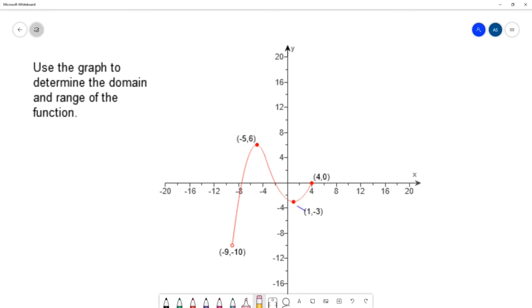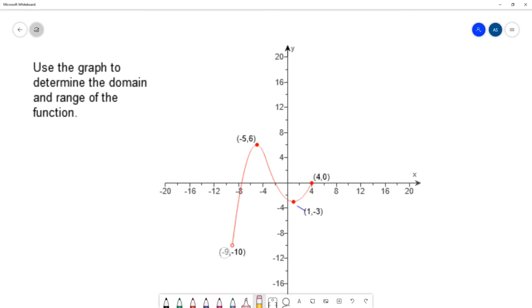ordered pairs that are labeled on the picture and list the x's as the domain and list the y's as the range. Now, the reason why that is incorrect is because when we find the domain, we're trying to find all of the x's.